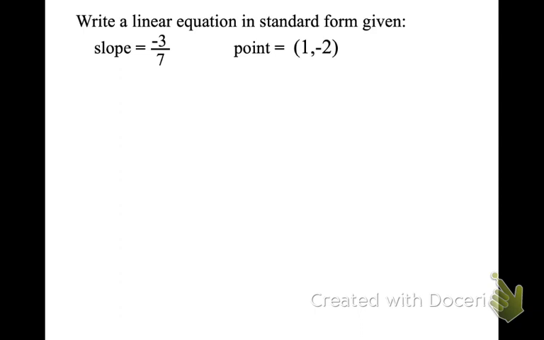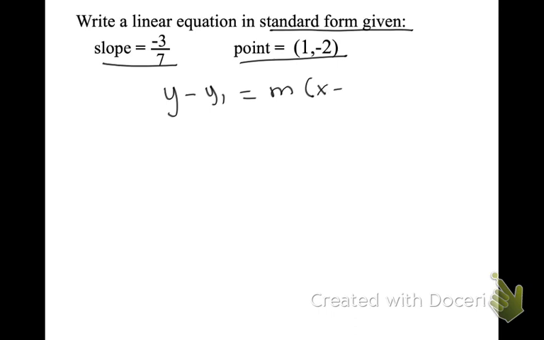I personally say let's use point slope, and you can use it every time. Okay, so here I am, since I'm given a point and a slope, I'm going to use y minus y1 equals m times x minus x1.